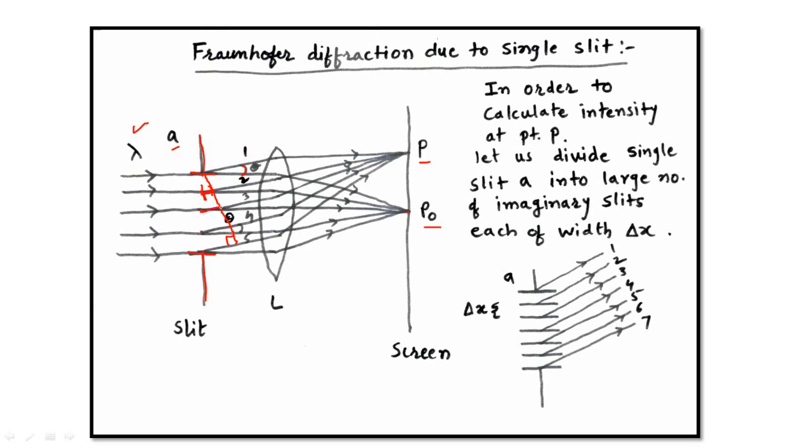Ray 3 travels this much additional path as compared to ray 1, and so on. Since the rays diffracted in the direction theta travel different paths, there exists a path difference between them, and hence the intensity produced at point P will be either a maxima or a minima.